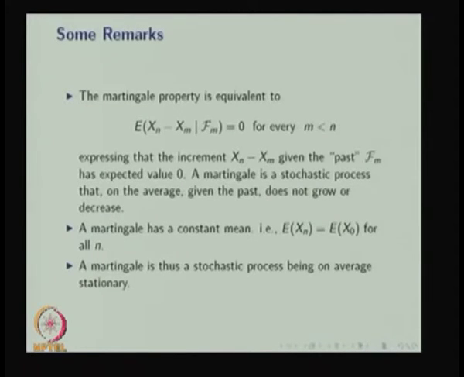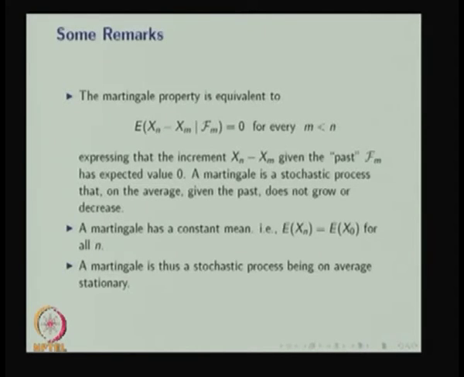A Martingale is a stochastic process that on the average given the past does not grow or decrease. If it increases or decreases, we have a different name for that particular property. Now we are discussing one that does not grow or decrease, so that stochastic process is called a Martingale.